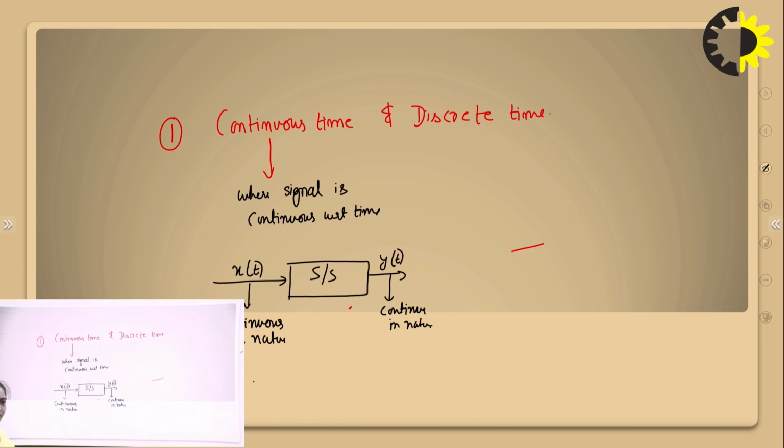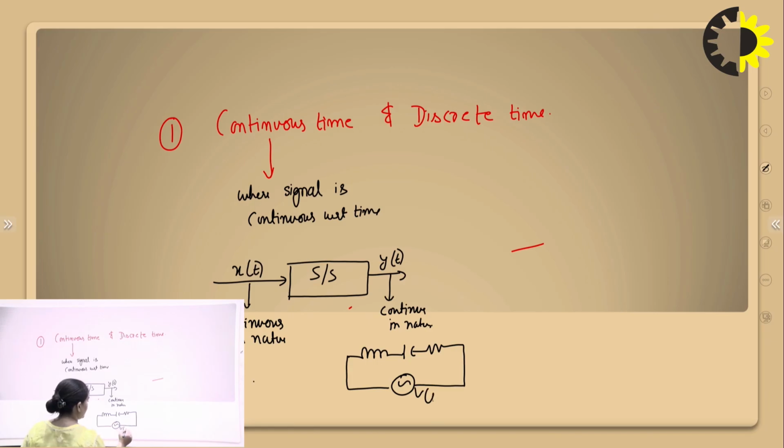Let's take a simple example: the relation between current and voltage in an RLC circuit or an RC circuit, whichever you take. Suppose there is an RLC circuit. This is the voltage, this is the current, and both are continuous in nature.